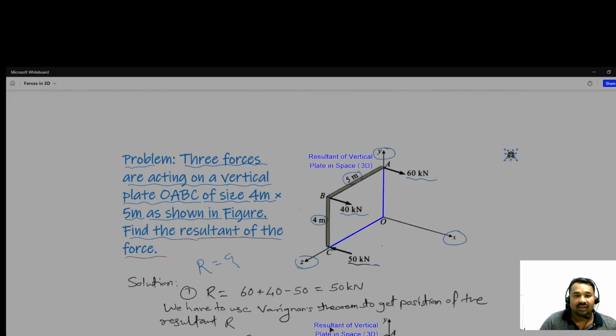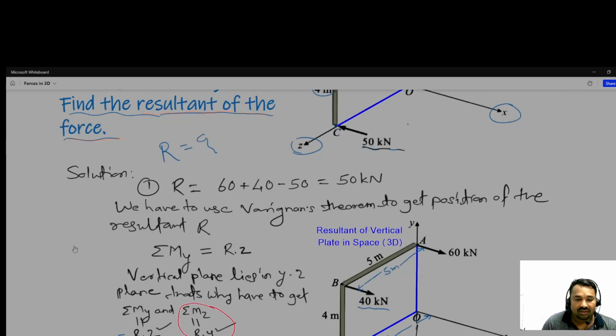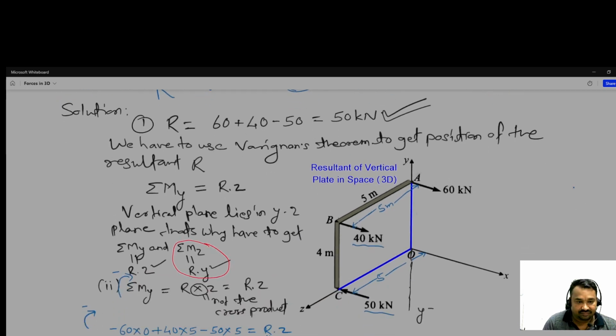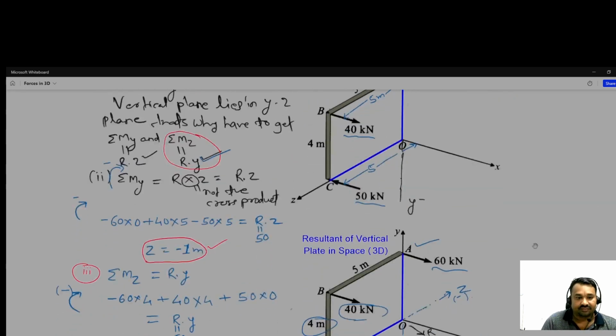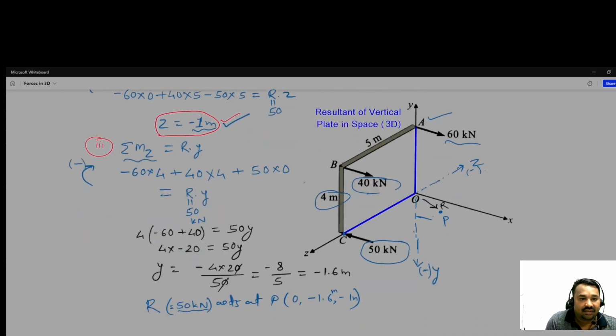So our purpose was to get the resultant of the force, and this is the vertical plate lying in the yz directions. Firstly, to get the resultant, this is 50 kilonewton, and then to get the y and z coordinates, which can be found by applying Varignon's theorem twice. So we got the z coordinate, that is minus 1 meter, and also by applying the moment about z, which is equal to R y, we get y equal to minus 1.6 meters.